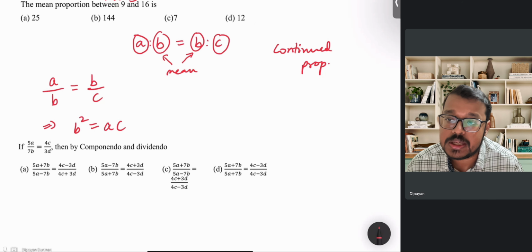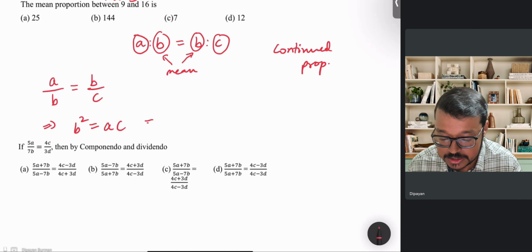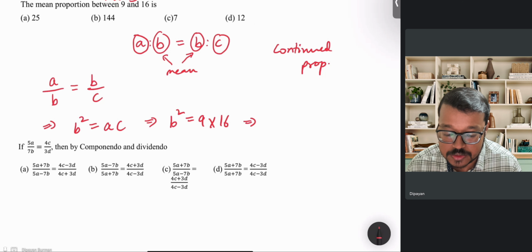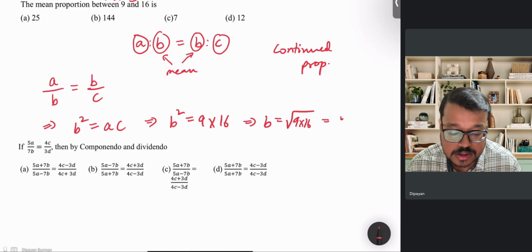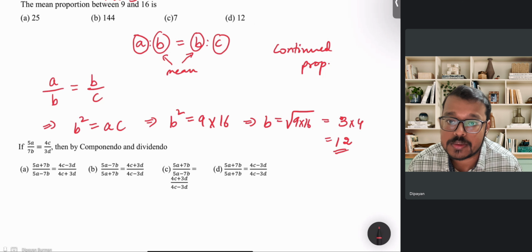So suppose B is the mean proportional here, B square will be equal to 9 into 16. So if I take the square root, B will be equal to root of 9 into 16, which is 3 into 4, and that is 12. So 12 is the mean proportional.